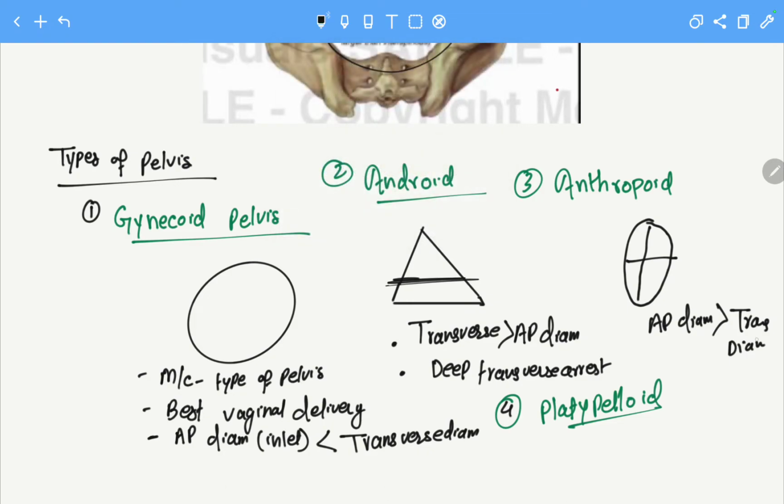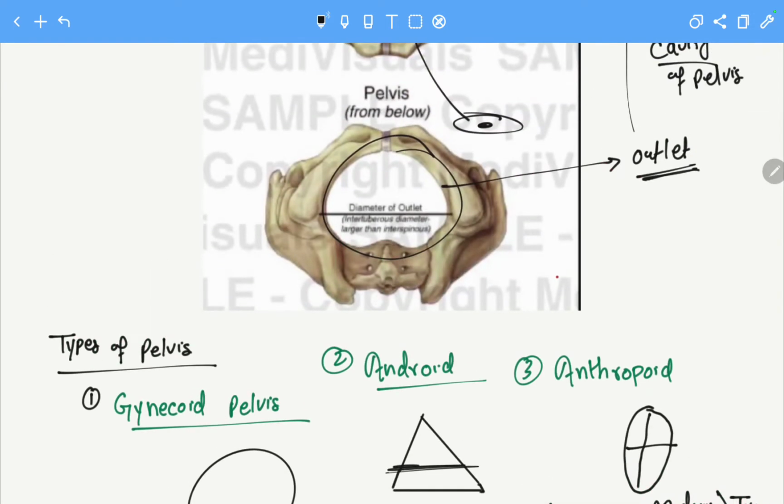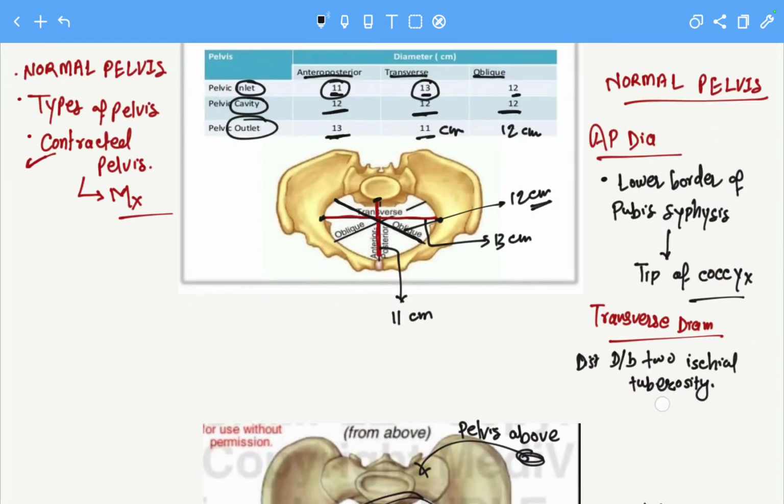In case of Anthropoid, the transverse diameter is less, but in case of Platyploid, the transverse diameter would be more than AP diameter. Okay, this one is the Platyploid type of pelvis. Let's recall these points once. That will help us to understand contracted pelvis easily, right?